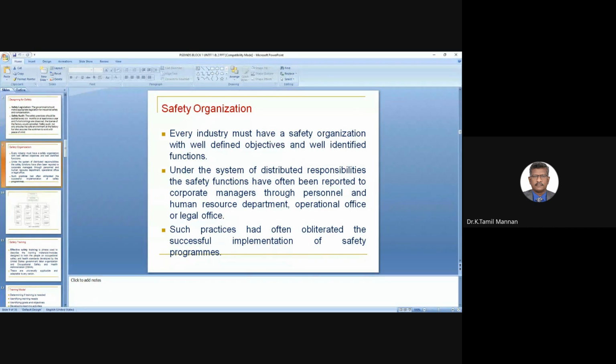Through the various sectors, if there is any deficiency in safety, it should be reported to the higher authorities. Such practices have often been obliterated, though they are key to successful implementation of the safety program. If this procedure is maintained properly, safety will be successfully implemented in the industry.